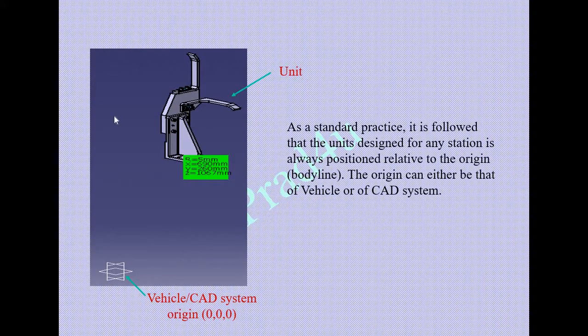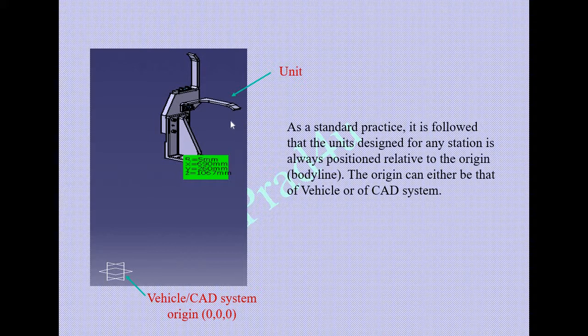This is one of the simple units of BIW fixture design. If any BIW fixture design engineer wants to design a fixture for BIW, then the input data given by the customer is the vehicle coordinate system. That means this is the origin of the vehicle and this is the BIW part where it is located.